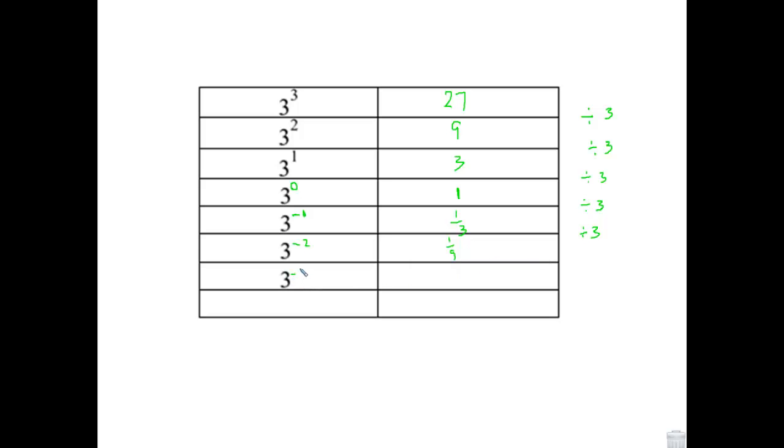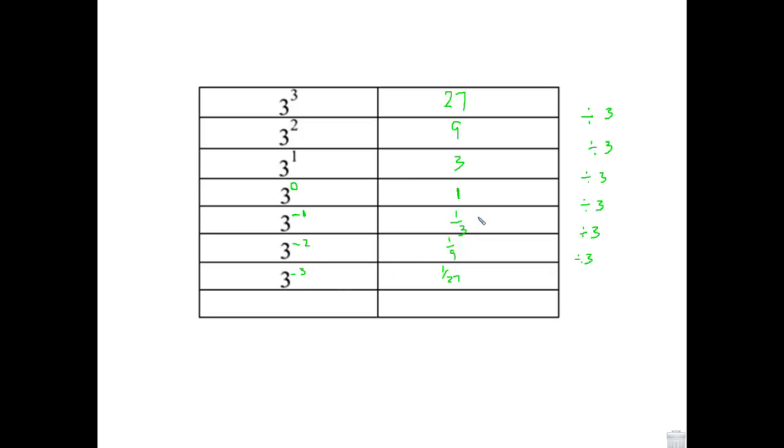And 3 to the power of minus 3, again, we divide by 3, and we get 1/27. So we start to notice that negative indices start to give us fractional values, because we keep just dividing by 3 to get to the next one. So every time we go down one indice, it's the same as dividing by 3.